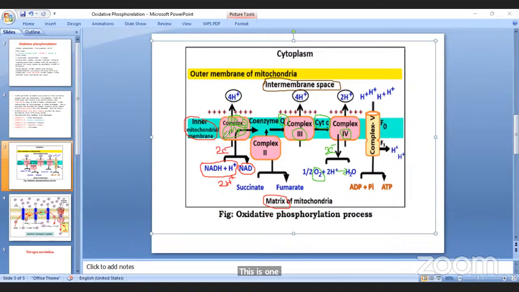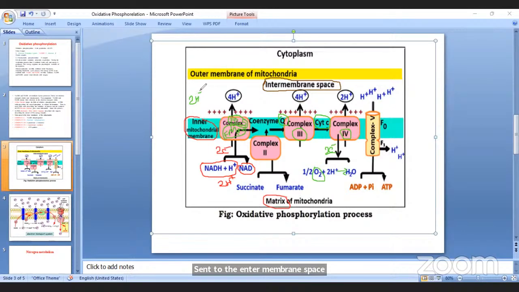So these 2 electrons go through FMN and FeS in the first complex. When the electrons are transported through the first complex, for one electron, 2 protons are sent to the intermembrane space.